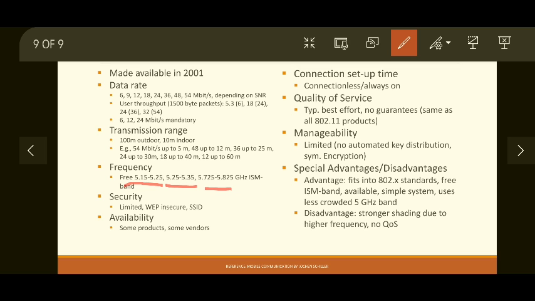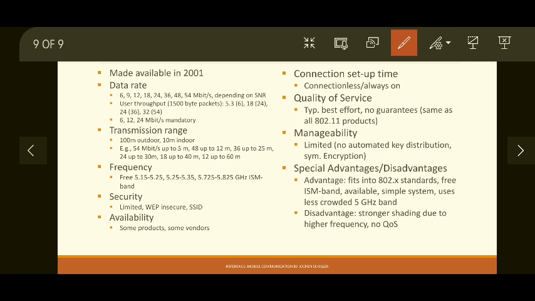These are the three frequency bands available in the free ISM band, and they are used by 802.11a. The physical layer is also DSSS based, but at a much higher data rate.